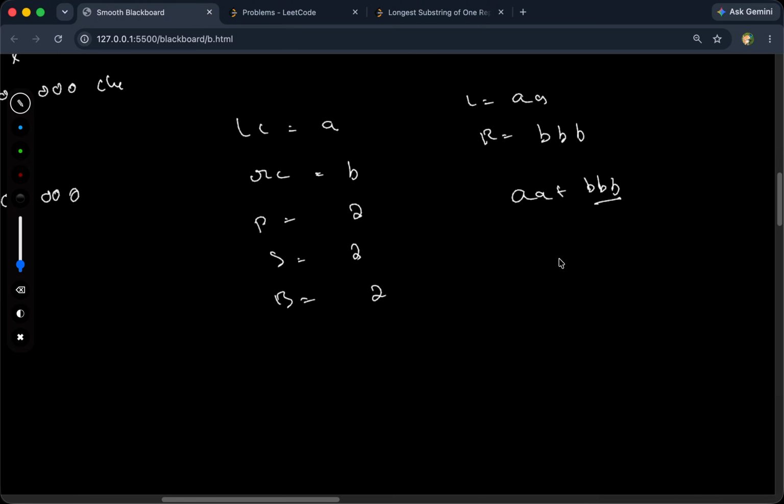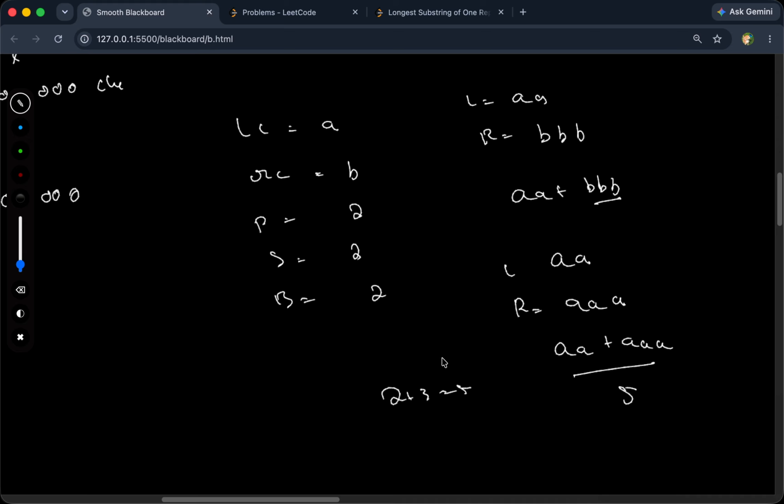But suppose left is A A and right is A A A. Now if we combine them, the answer is 5. The two segments connect because left ends with A and right starts with A, so left suffix plus right prefix, 2 plus 3 is 5.